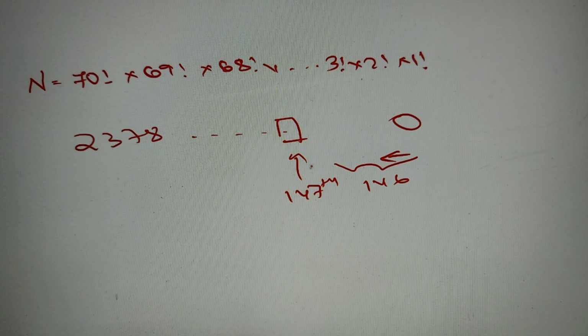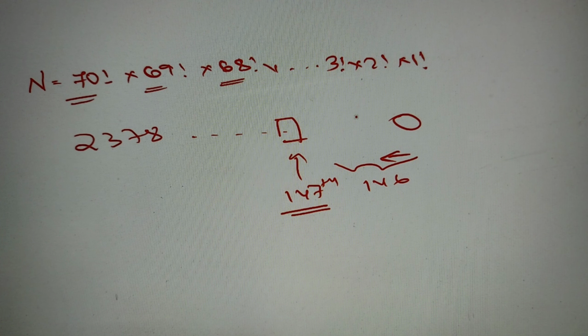Since we have an option 0 in our question, first let us check whether the 147th digit of the number is 0 itself, because 70 factorial, 69 factorial, 68 factorial, all of them have many trailing zeros. So if we have so many large numbers and so many trailing zeros, then there is a high possibility that the 147th digit is a 0.